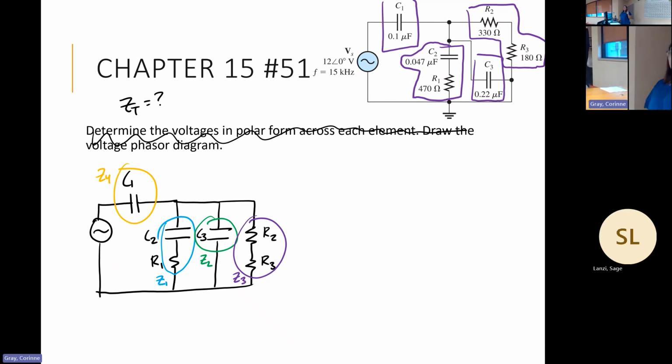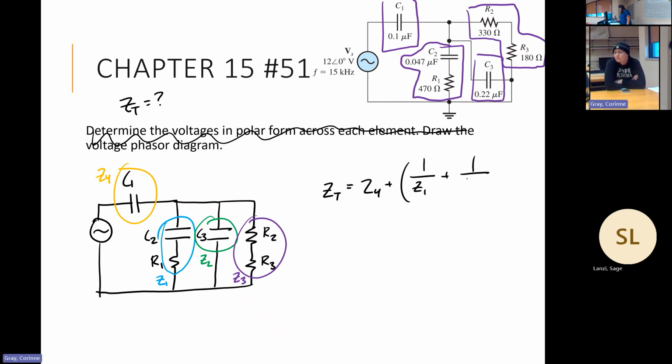So I have all these things and they're all labeled. So that means that when I go to find ZT, I'm able to do that. Again, Z is a measurement of resistance. So if I wanted to find ZT right now, it would be Z4 plus 1 over Z1 plus 1 over Z2 plus 1 over Z3, inversed. Again, impedance is a measurement of resistance and has the same equations as resistors in series and in parallel.